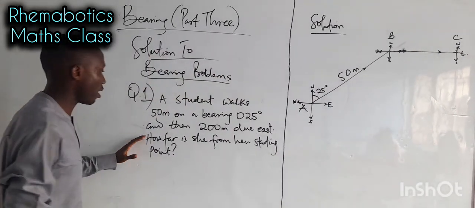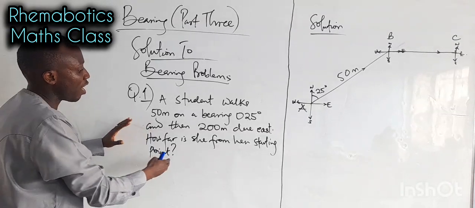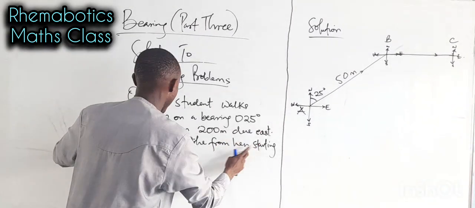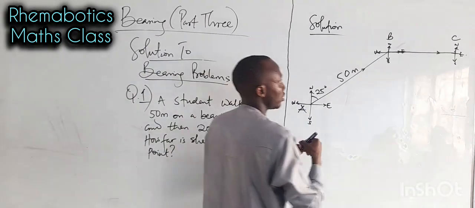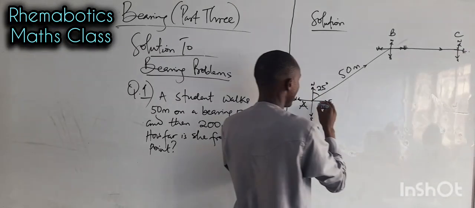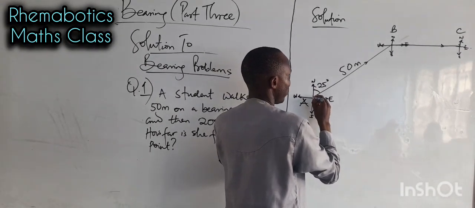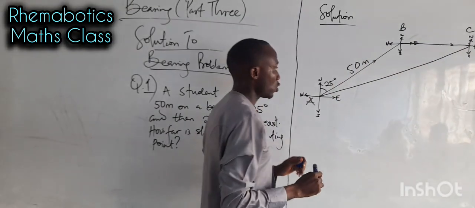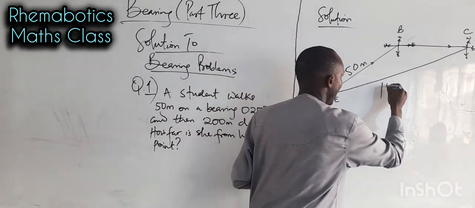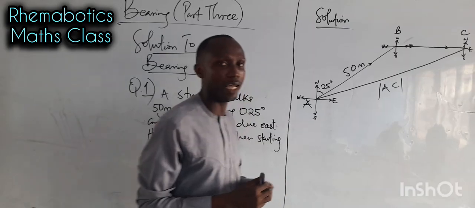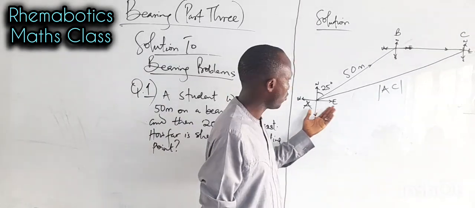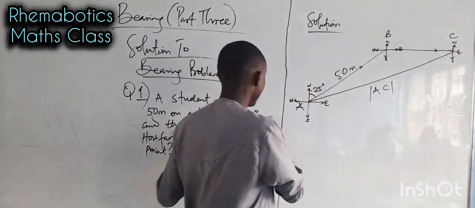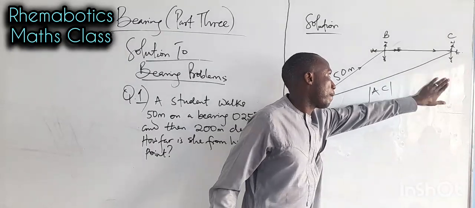Now they're asking us to find how far she is from our starting point. So this is the starting point, this is our final point, so the distance from A to C. So I'm going to join these 2 points. Perfect. So we need to find line AC. Line AC will tell us the distance from our starting point to our final point.